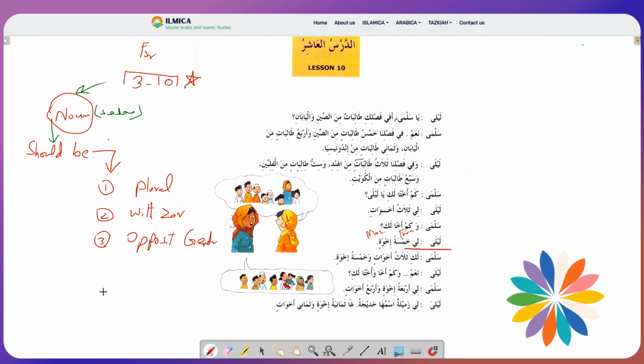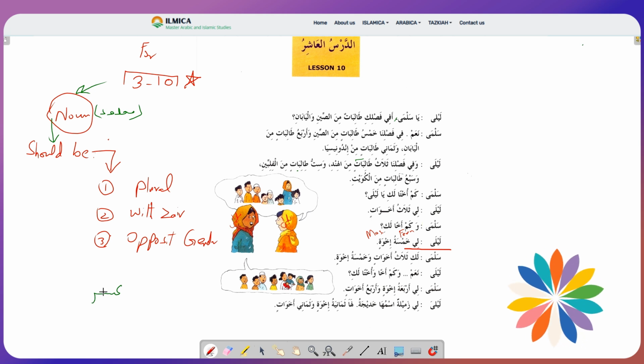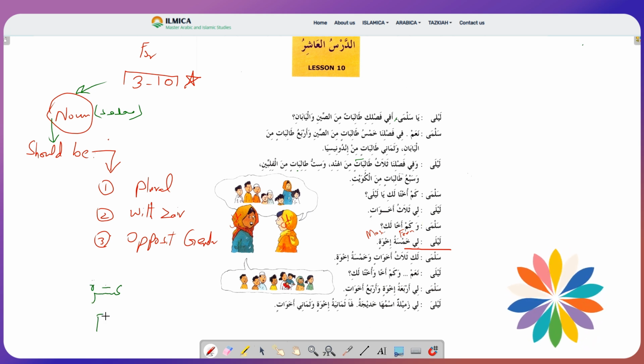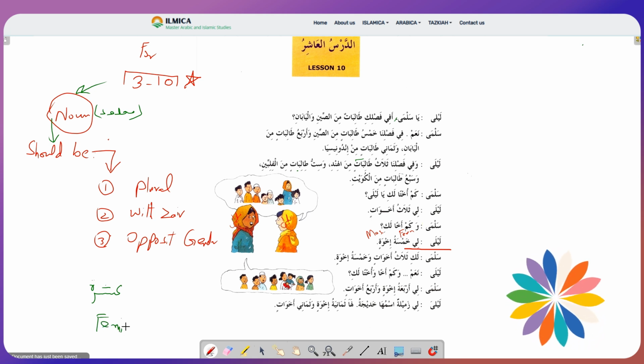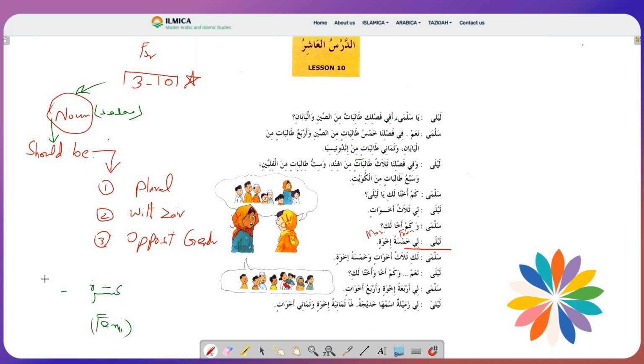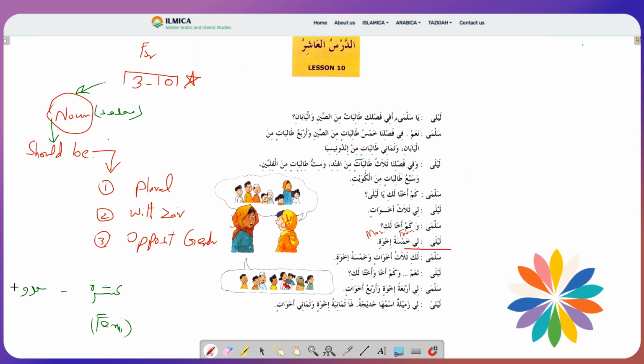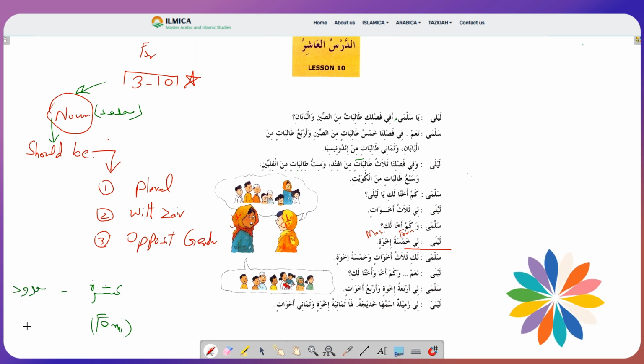If the number is ashara, see here, it is feminine, so the madud, the noun, should be masculine.